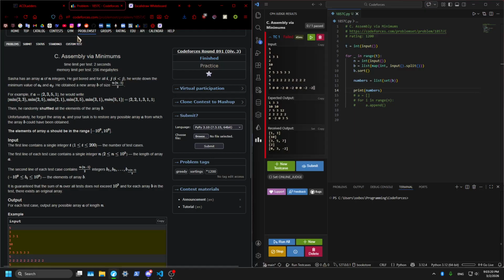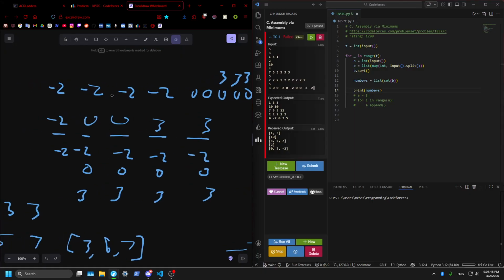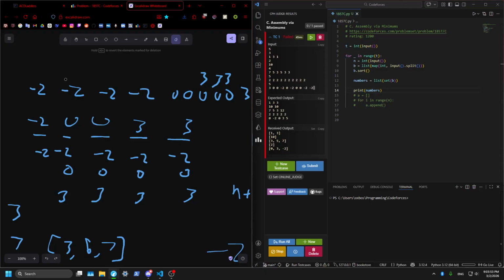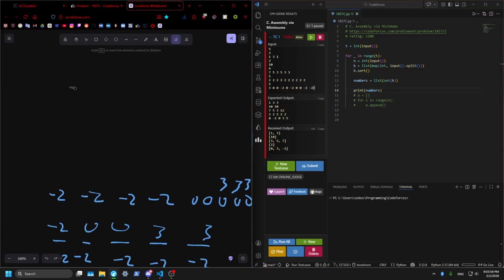Am I reading this wrong? For all i, j, where i is less than j, the minimum value of i and j. So min 2, 3, 2, 5, 2, 1, 3, 5, 3, 1, 5, 1. So it really is just like a stair.